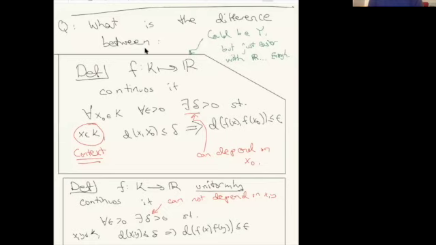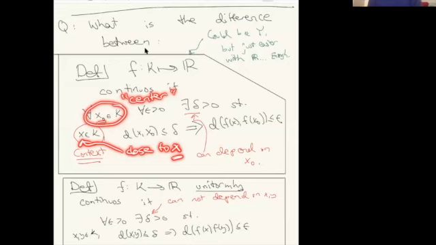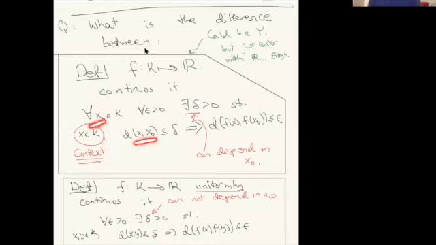But another smaller difference exists, and it is the fact that here you have a center point and you have another point that's close to it. So one of these points is fixed while the other one is moving close by. In uniform continuity, you don't have the center point.